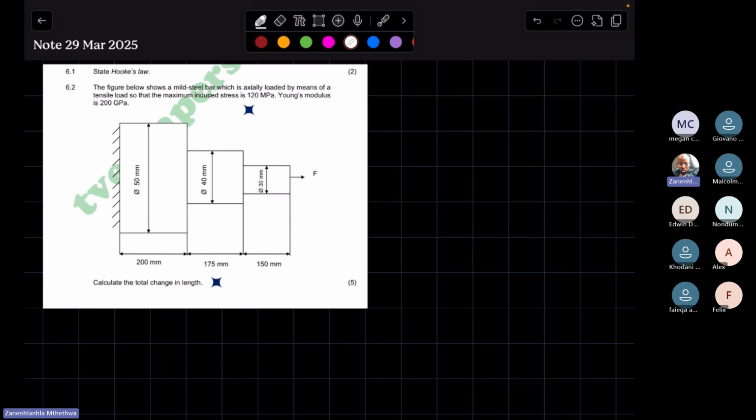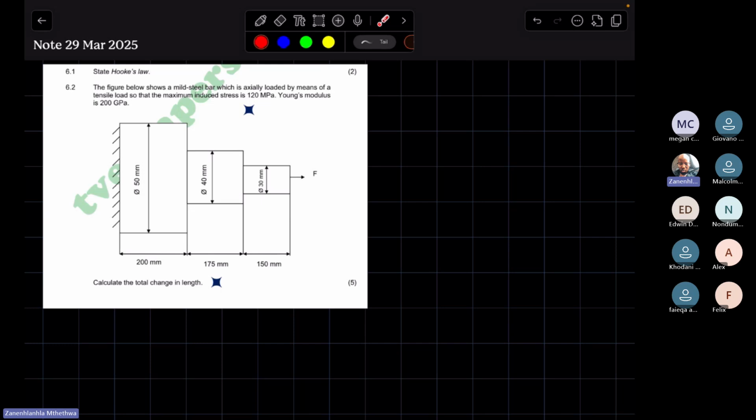Right. So 6.1: state Hooke's law. I'm not expecting that you know how to state Hooke's law at this point, but I will be sending you that handout, what we just looked at. But again, the main point is that you understand that Hooke's law is only satisfied in the straight parts of the stress strain graph, and the straight part of the stress strain graph represents the elastic region.